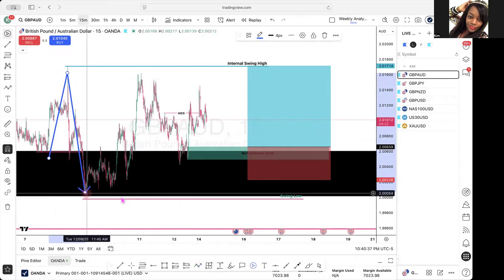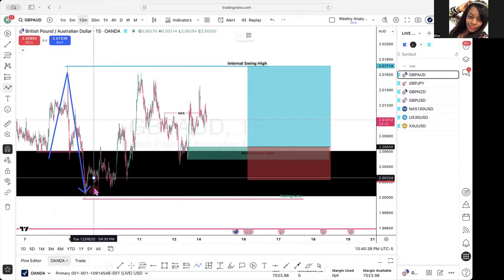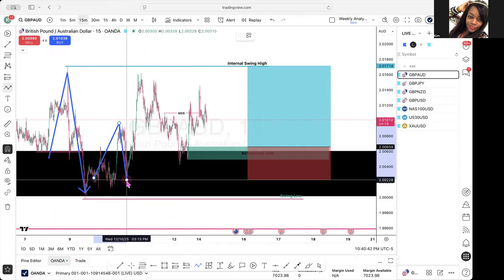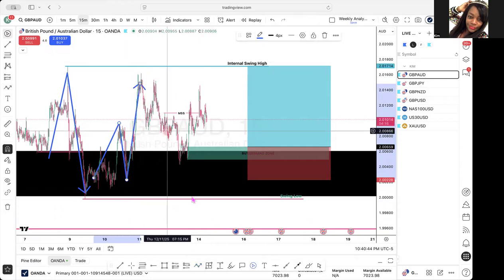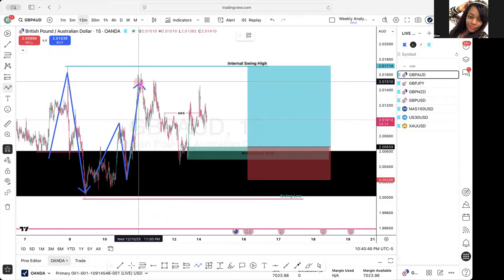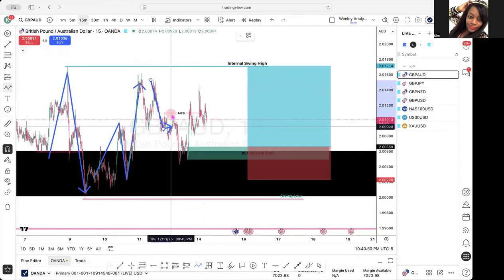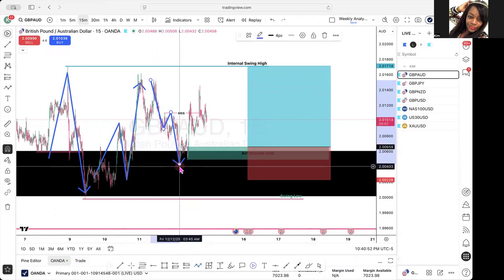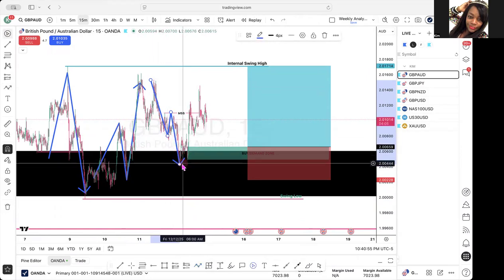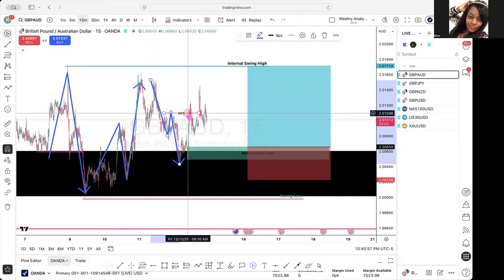So you had this structure here, and then you had this structure here, and then you had price break, pull back, break, put it there, and then you had a shift.